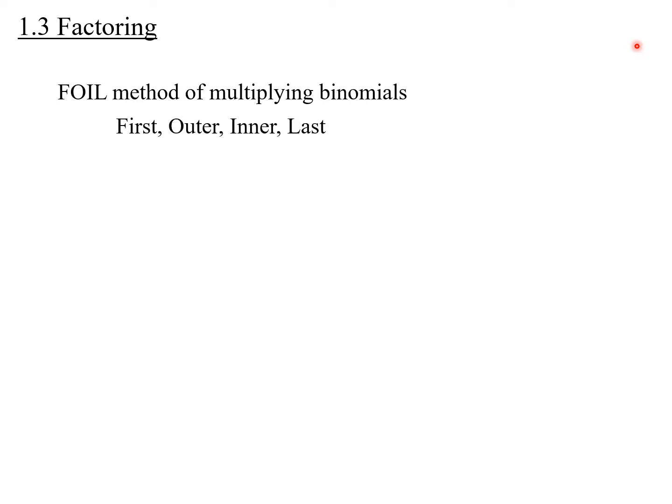So to start with, I want to have you recall the FOIL method of multiplying binomials. FOIL meaning first, outer, inner, last. So for example, if we're multiplying these two binomials, we're going to multiply the first, x times x, which is equal to x squared.